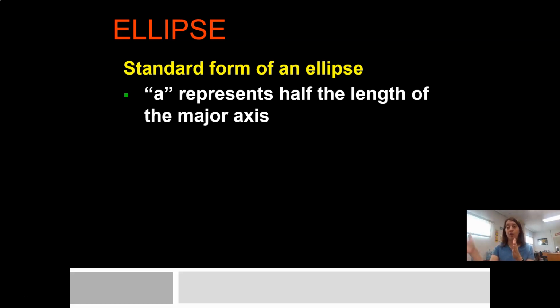So I would go 5 to the right, and I would go 5 to the left. If I notice the bigger number is underneath the y squared, and let's say that bigger number was 36, what do I square to get to 36? The number 6. Well, if that was underneath the y squared, I would go up 6 spaces on the y-axis. I would also go down 6 spaces on the y-axis because I'm going half the distance one way, the other half of the distance the other direction.